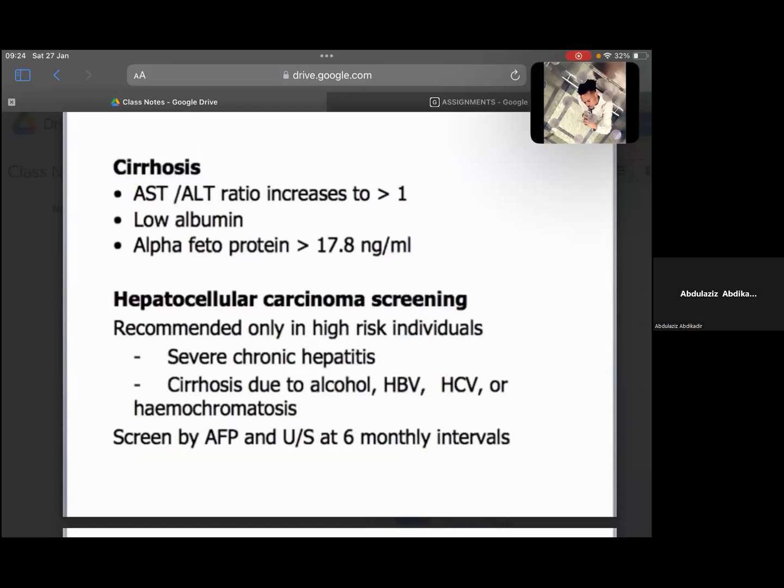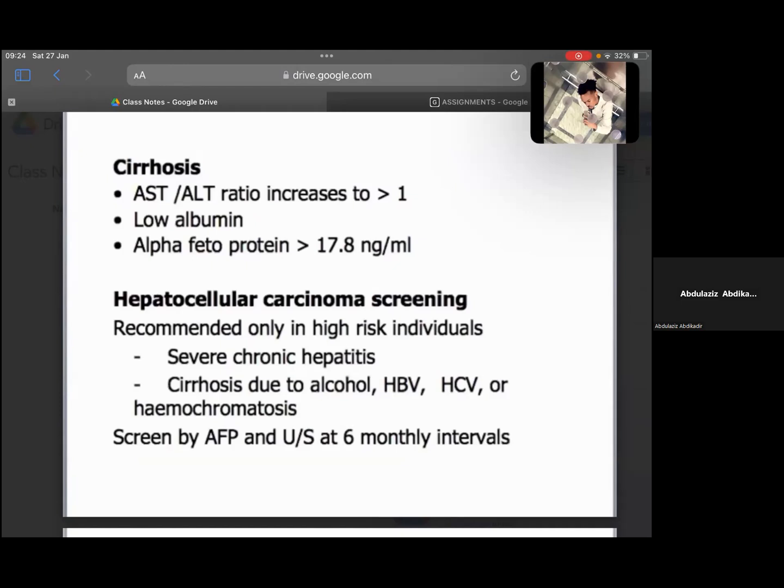Remember, the liver is damaged, liver failure. The cirrhosis is causing liver failure, so there will be low albumin. That's why I'm telling you, patients with cirrhosis, liver failure, will have ascites, fluid in the abdomen, lower limb swelling, and fluid in their face. This patient will have fluid everywhere.